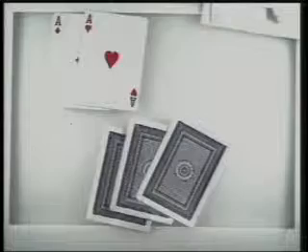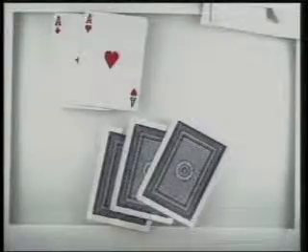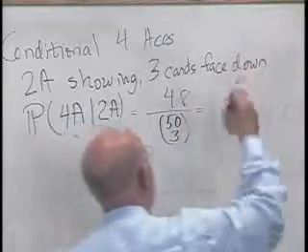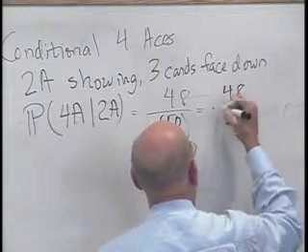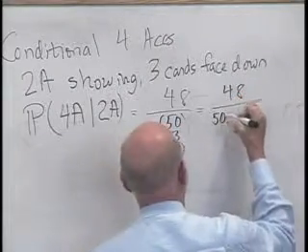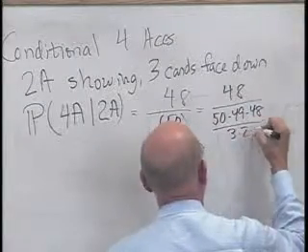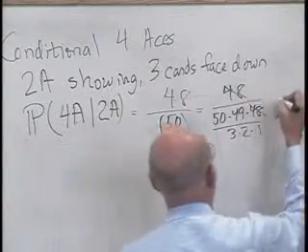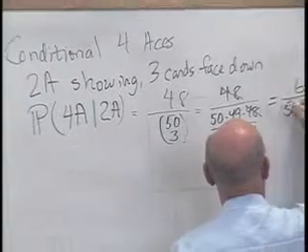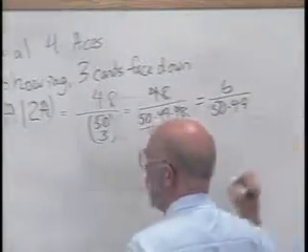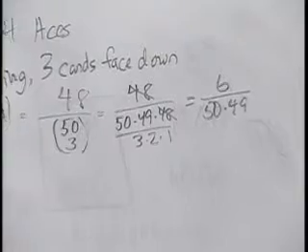Thanks, Anna. So we got 48 divided by 50 choose 3. And since I'm going to calculate this in a different way, I want to simplify this a bit. 48 over 50 times 49 times 48 over 3 times 2 times 1. 48's obligingly cancel. And we have 6 over 50 times 49.